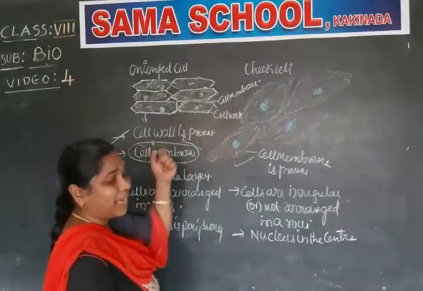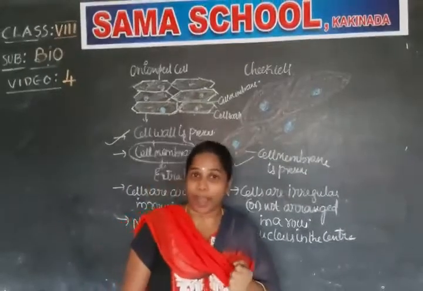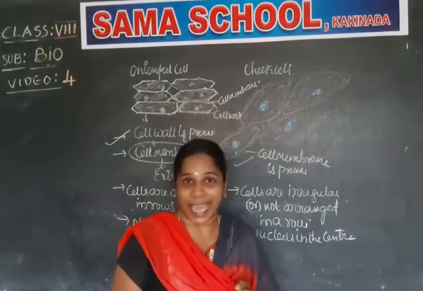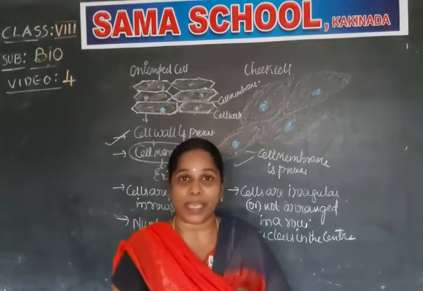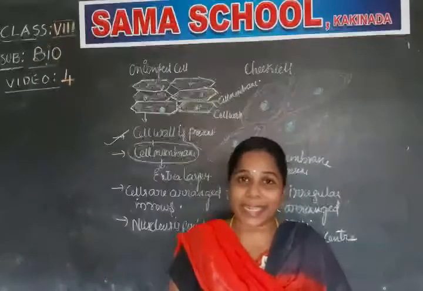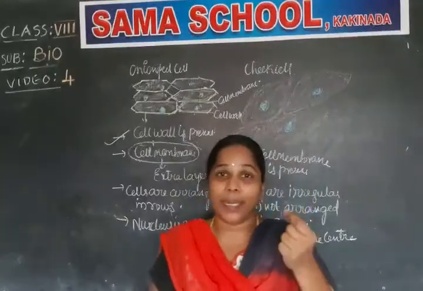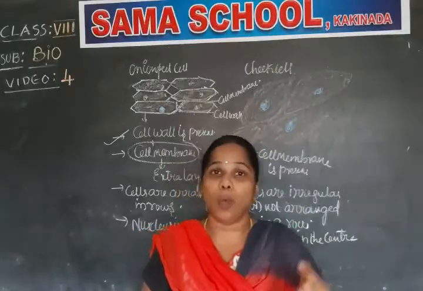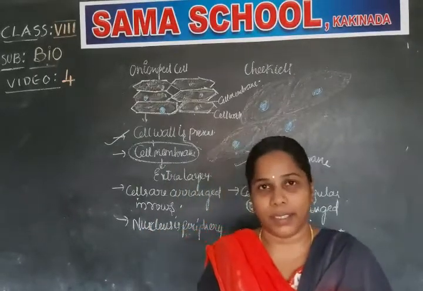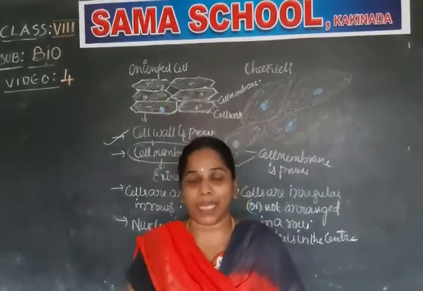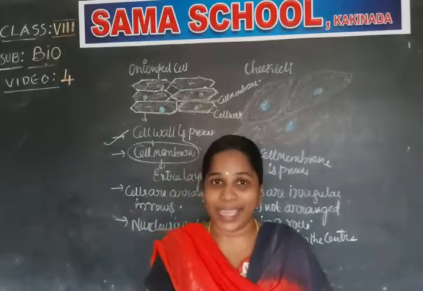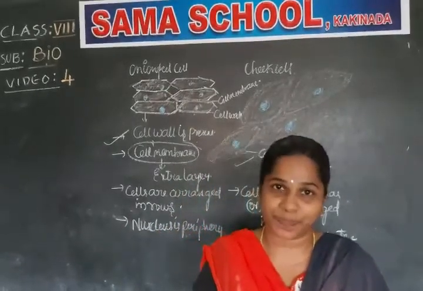So the major difference between a plant cell and animal cell is that in plant cell the cell wall is present, while in animal cell the cell wall is absent.